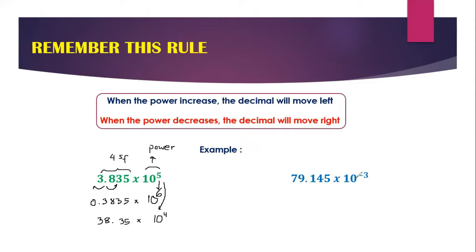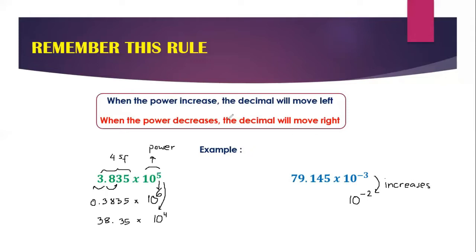I still have another example: 79.145 times 10 to the power of minus 3. When I change this power to 10 to the power of minus 2, minus 3 to minus 2 is an increase, right?